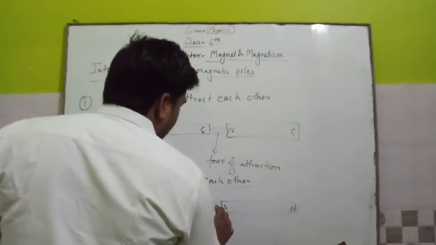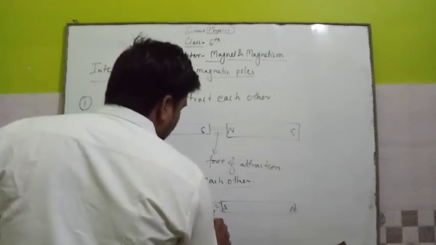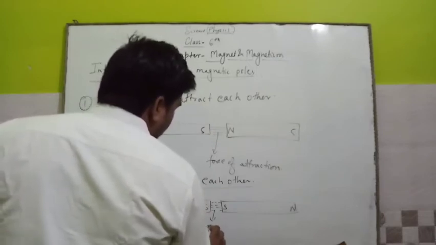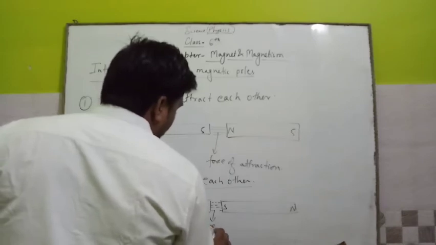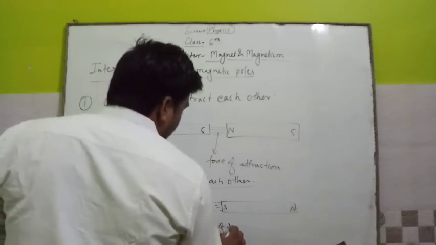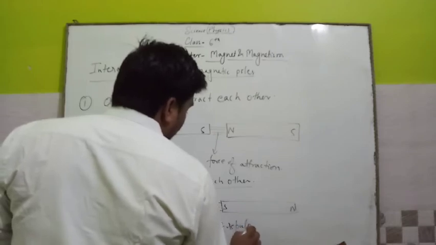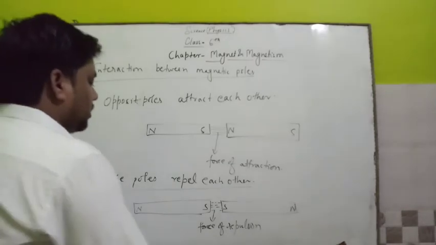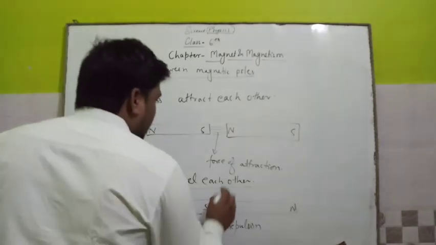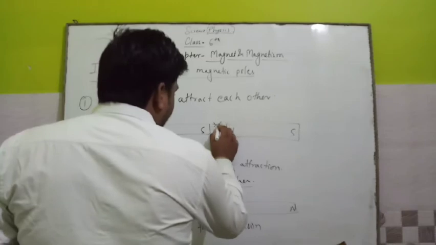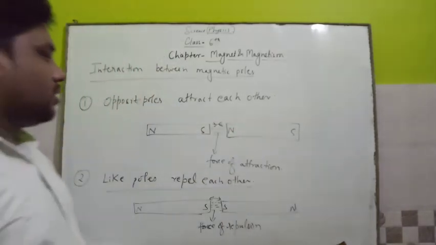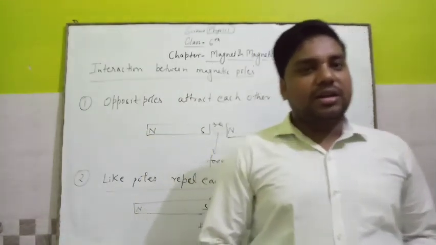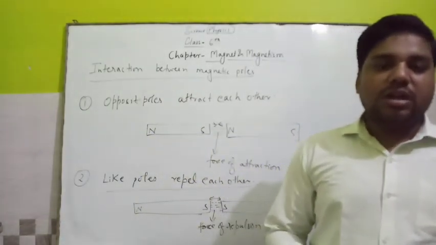Then again there is a force, and that force is known as the force of repulsion. Clear? They repel each other, because unlike poles attract and like poles repel each other.